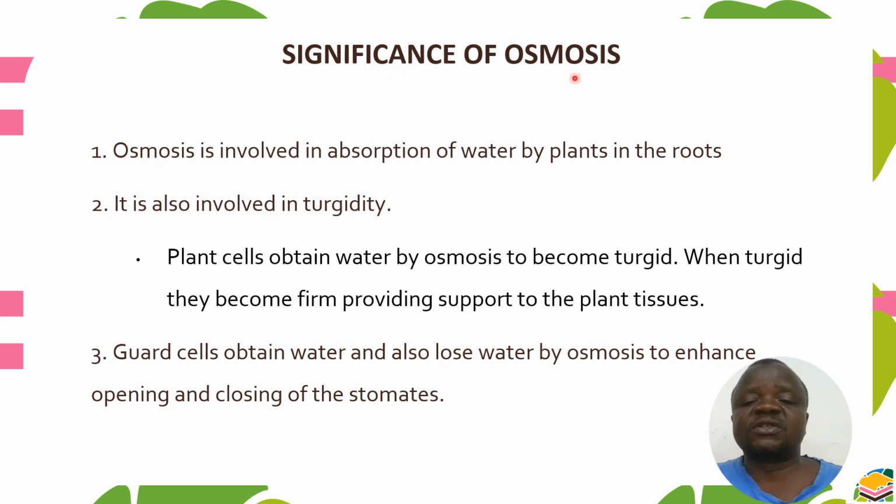Significance of osmosis. Why is osmosis very, very important, very vital? One, osmosis is involved in absorption of water by plants in the roots. So it facilitates the uptake of water by the plant roots. Number two, it is also involved in turgidity. When the cells have gained water, they become turgid.